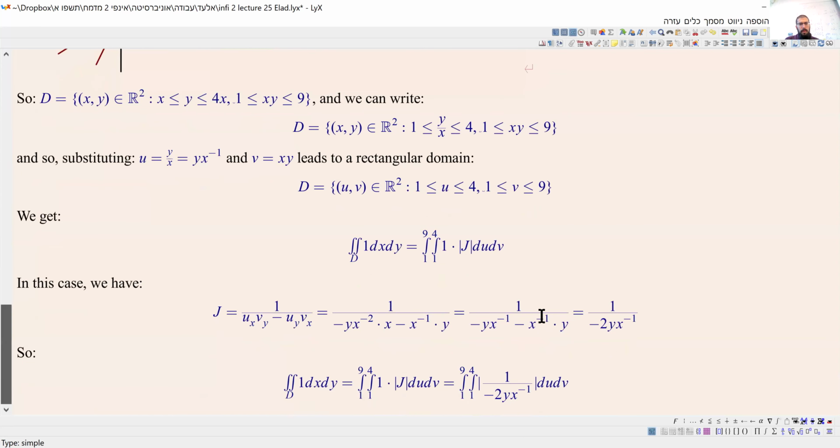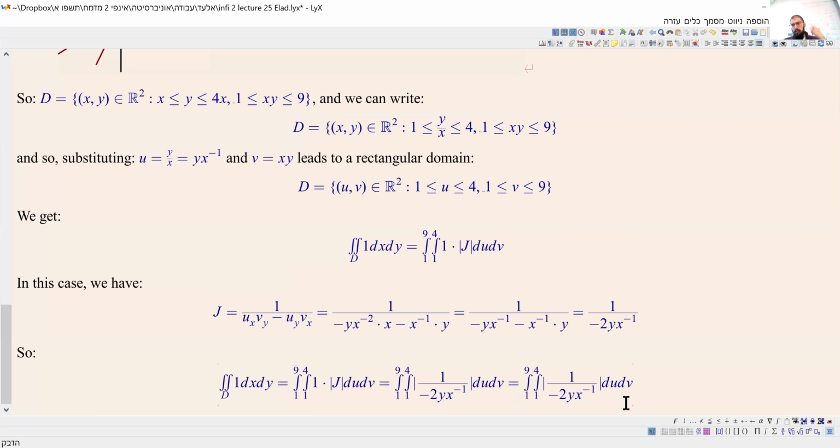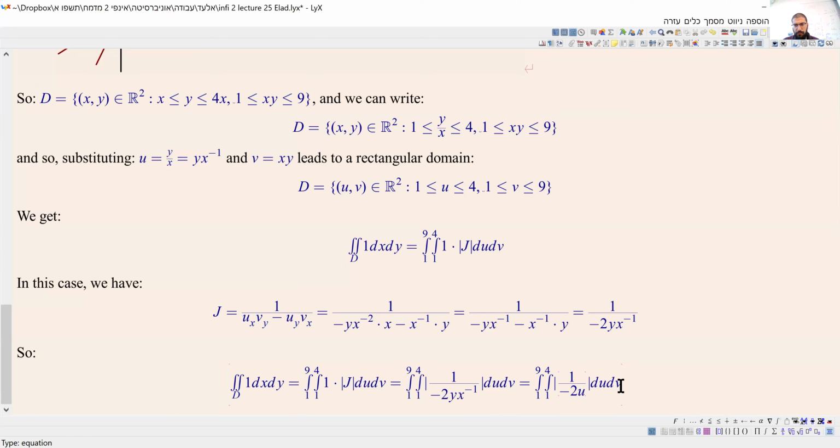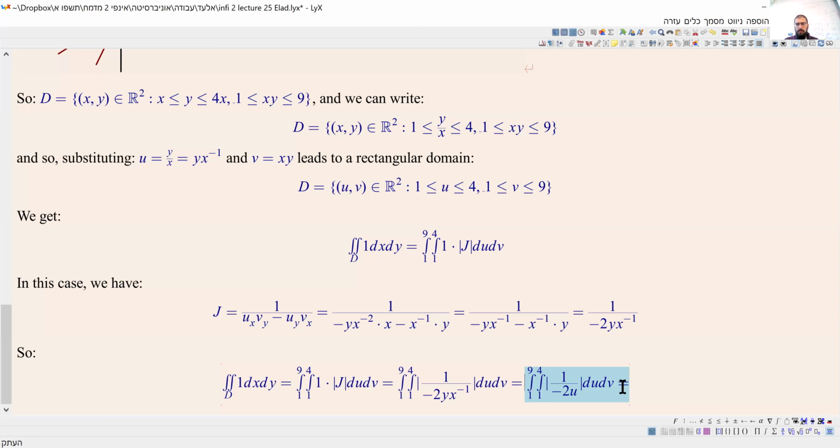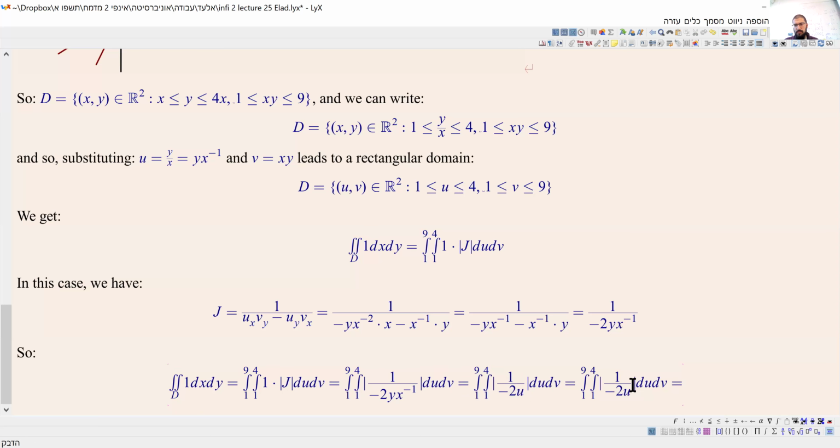And here, how convenient, the expression is just minus 2u, but it is necessary to do so. We cannot continue with x and y when we've already changed to du dv. Because u is a positive number between 1 and 4, the absolute value just cancels the minus.